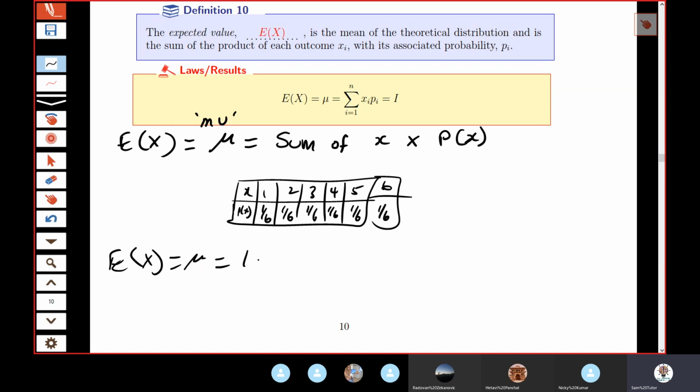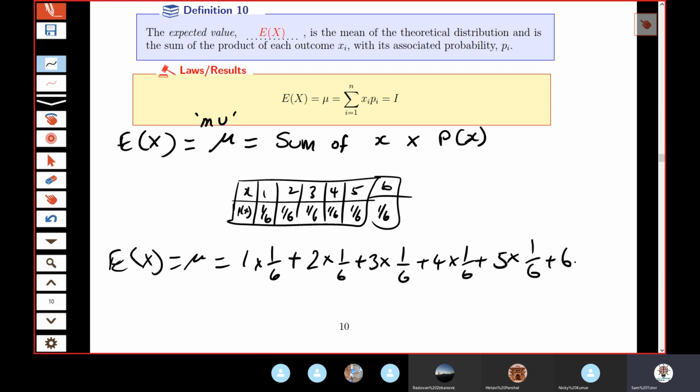So 1 times 1 on 6 plus 2 times 1 on 6 plus 3 times 1 on 6 plus 4 times 1 on 6 plus 5 times 1 on 6 plus 6 times 1 on 6. Okay, any questions at this stage?